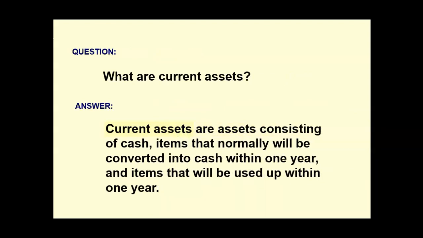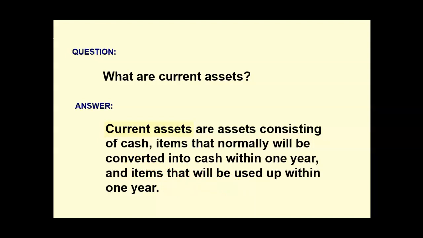These are assets in the form of cash already, or items that normally we can convert into cash within 1 year, or items that will be used up within 1 year. So read the definition and think about it.